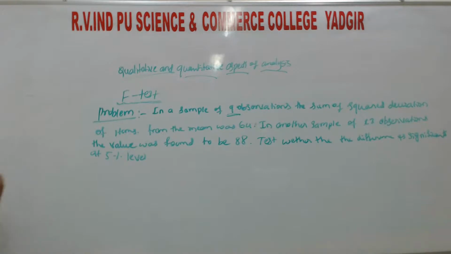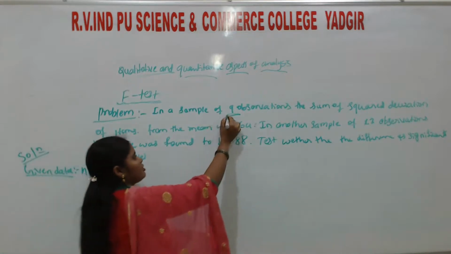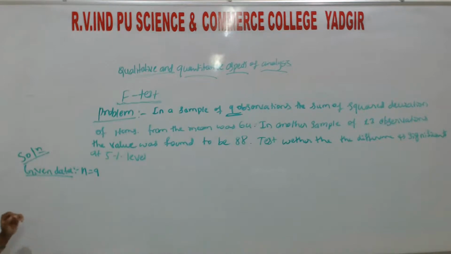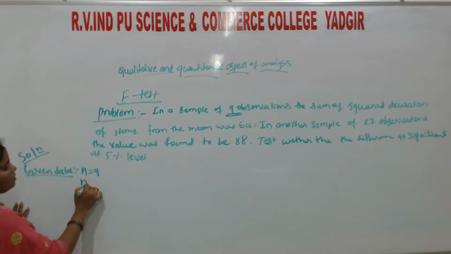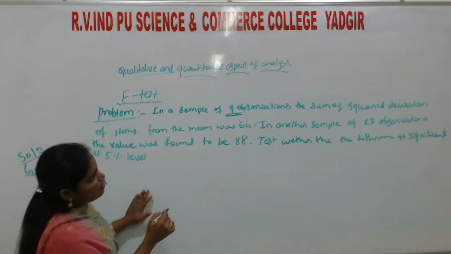Solution. Here the given data: n1 is equal to 9, the first one, 9 observations. And another n2 is equal to 11, the second one, 11 observations.